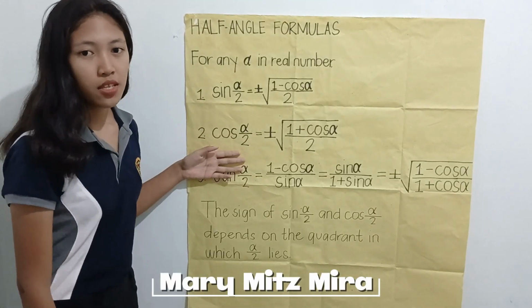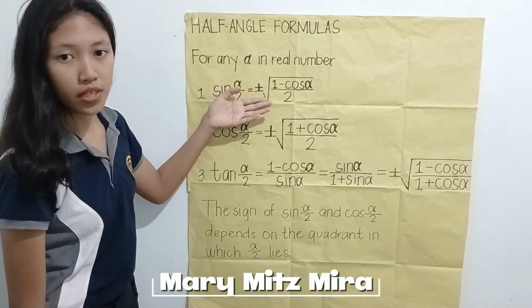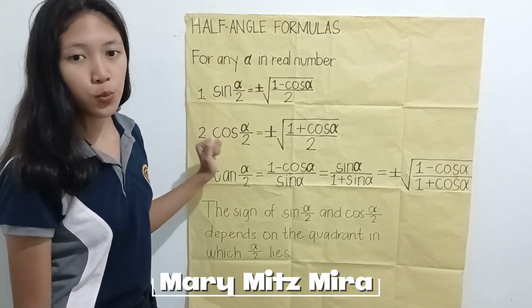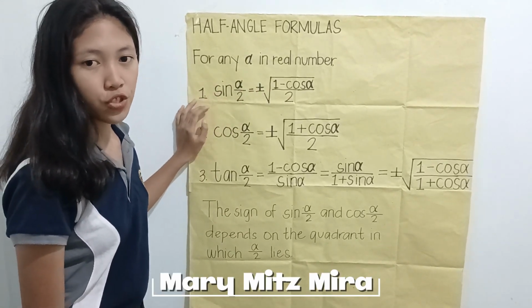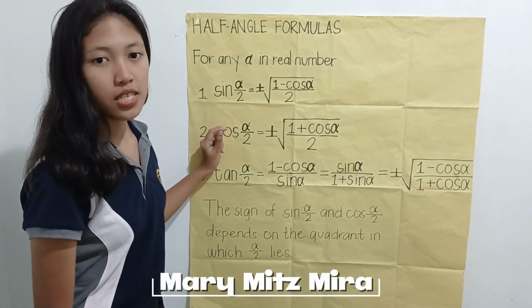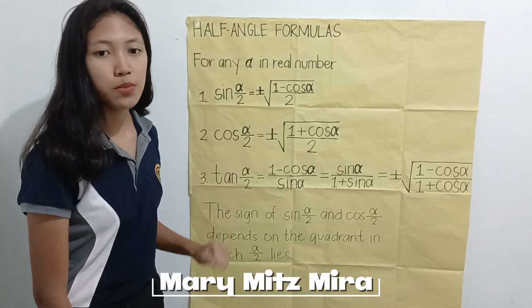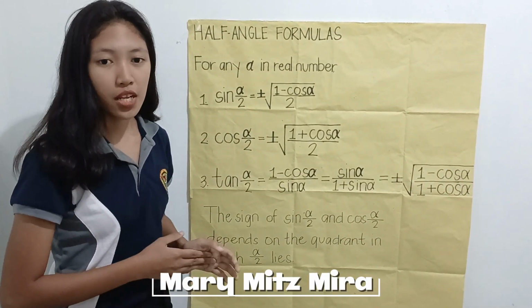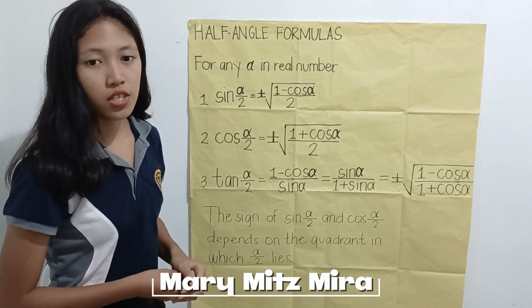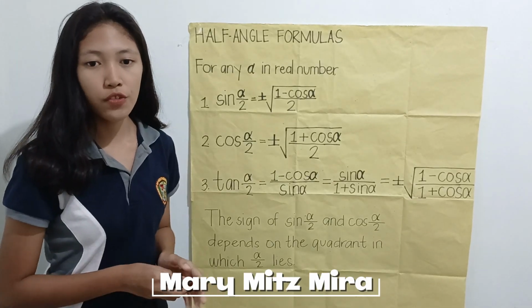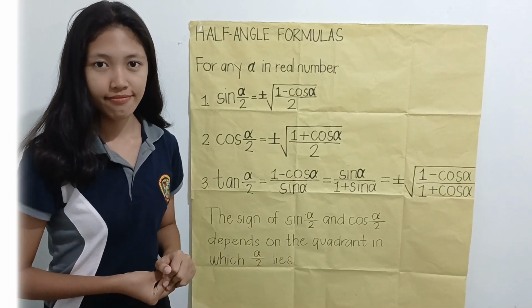The plus or minus symbol here in each formula does not mean that there are two possible values for each function. Instead, the plus or minus indicates that you must determine the sign of the trigonometric function, plus or minus, based on the quadrant in which the half angle alpha over 2 lies.